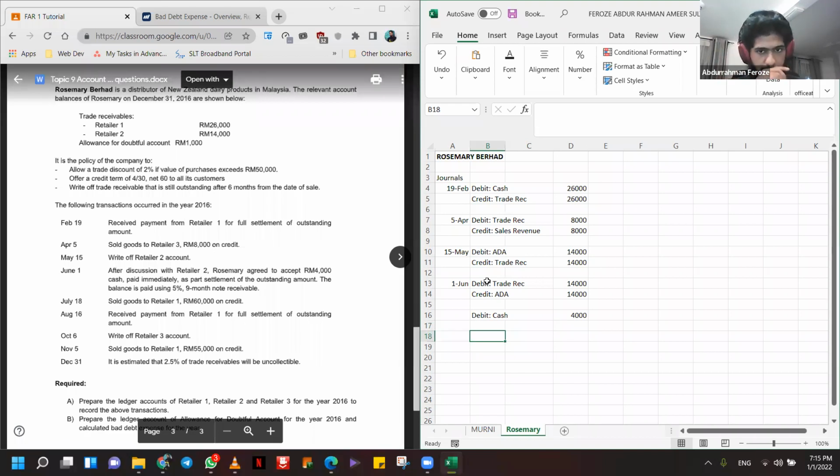You debit note receivable 10,000 because the total amount is 14,000, and you credit trade receivable 14,000. Was that clear?